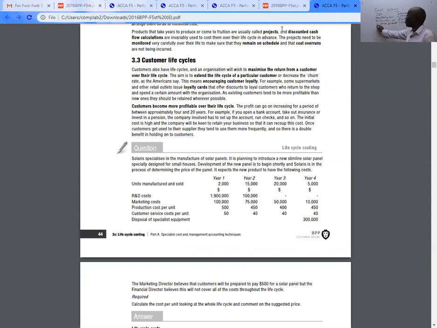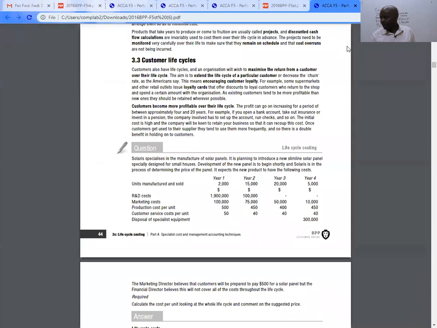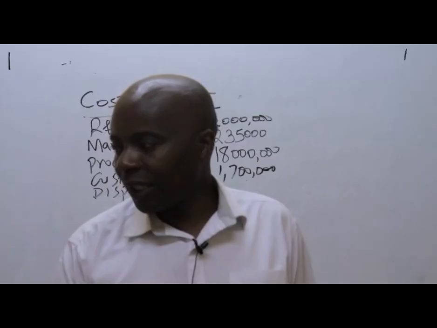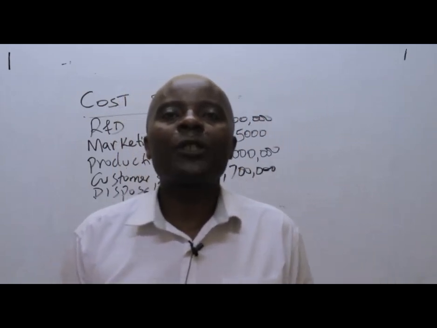And then the last one, as per the life cycle, is the disposal. Disposal cost. For the disposal cost, which is given there, what do you think? Are we going to multiply it with the quantity produced?